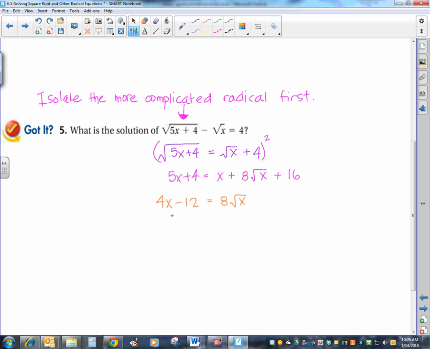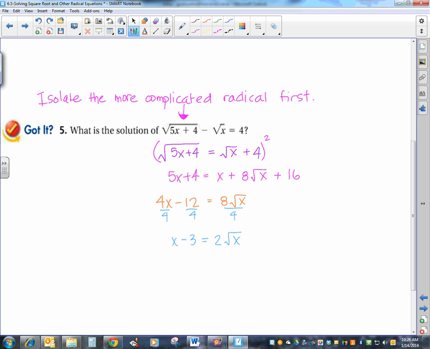And that's going to equal 8 times the square root of x. Now, if 8 went into both of these, you could simplify it. Let's go ahead and do it by 4. Okay? If I divide everything by 4 here, because I know 4 goes into each of these, I'm just making my numbers smaller. So that gives me x minus 3 equals 2 square roots of x. Okay? That's as far as I want to isolate it because I don't want fractions.